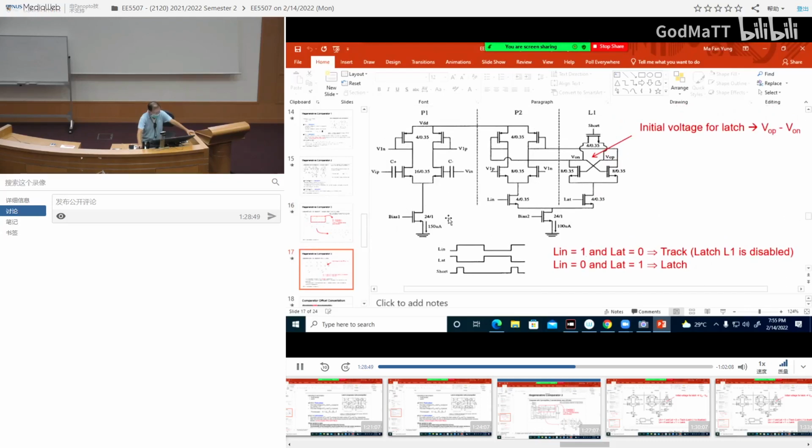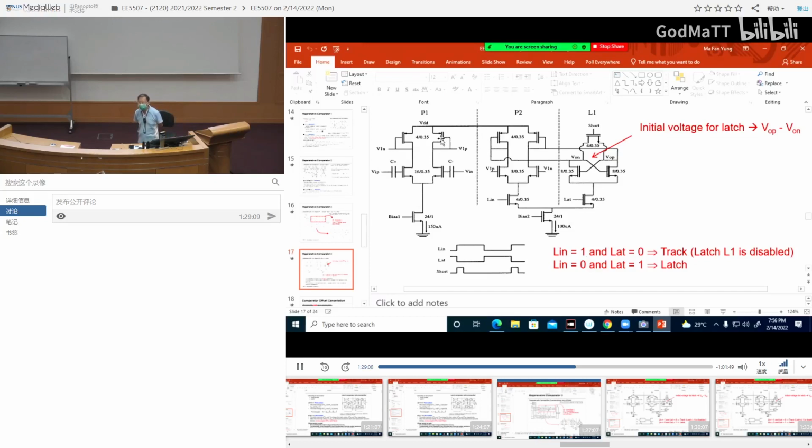Okay, so the first preamp, very standard, right? It is capacitor coupled, so you don't worry about the capacitor. It's a simple NMOS differential pair, bias tail current, and the output is what?